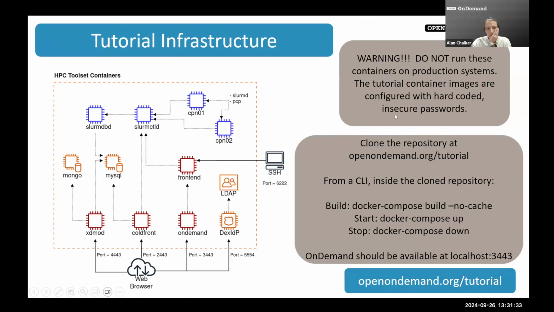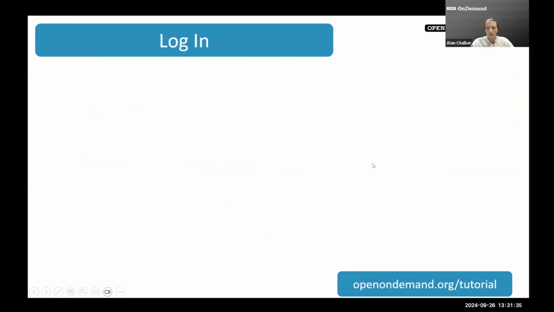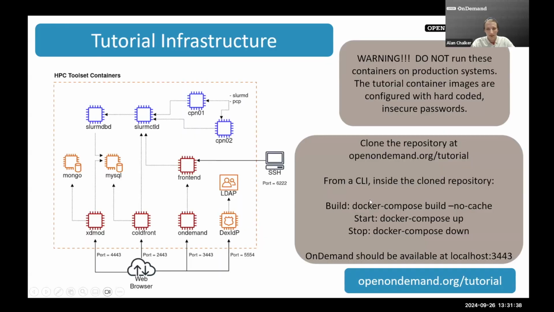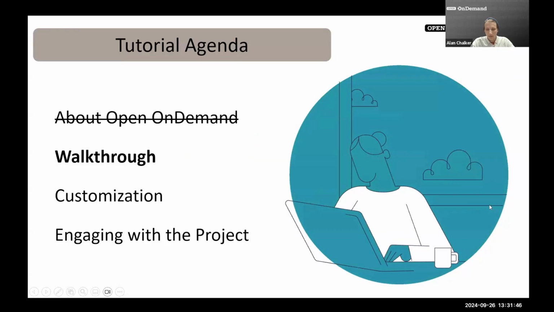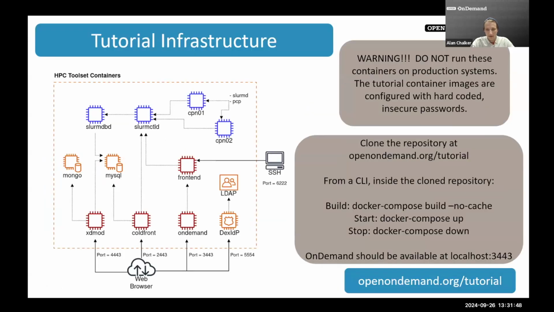So if you have that repository cloned, from a CLI inside the cloned repository, you should be able to build it with the command docker compose build with a flag of no cache. That's just to verify that it's going to build everything from source, from the repository you got there.